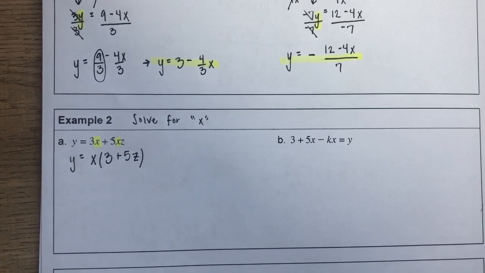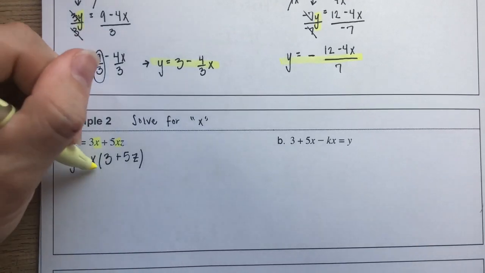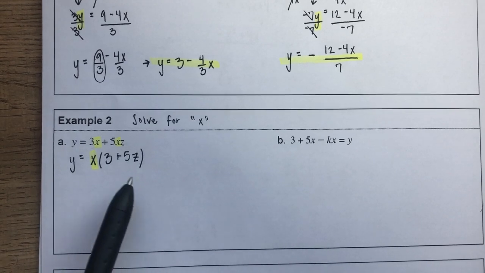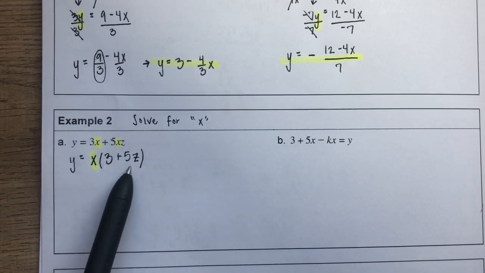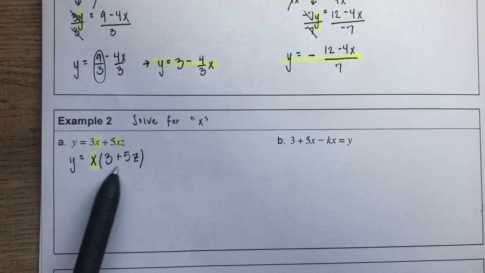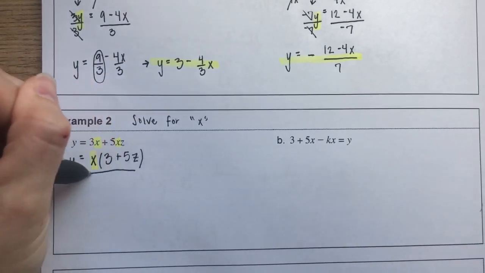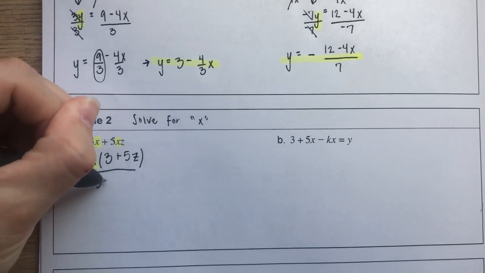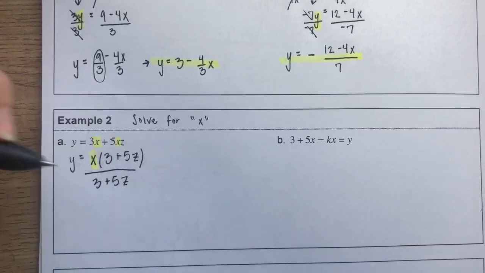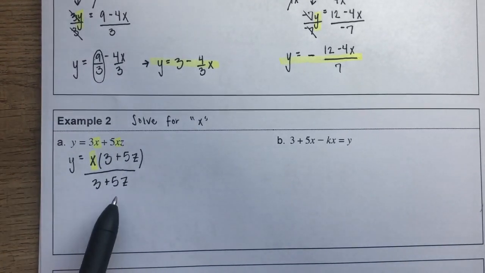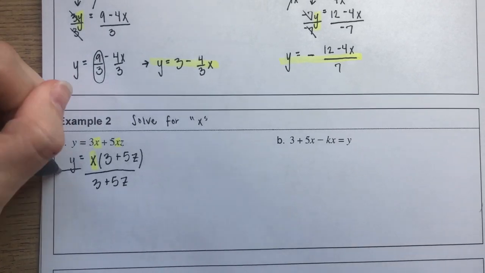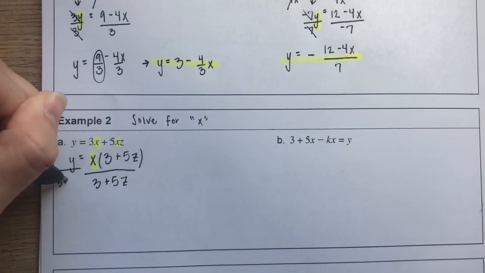So now that I've pulled this x out, I can go ahead and move away this 3 plus 5z. This 3 plus 5z is being multiplied by x, so I have to divide by 3 plus 5z. If I divide this side by 3 plus 5z, I also have to divide this side.